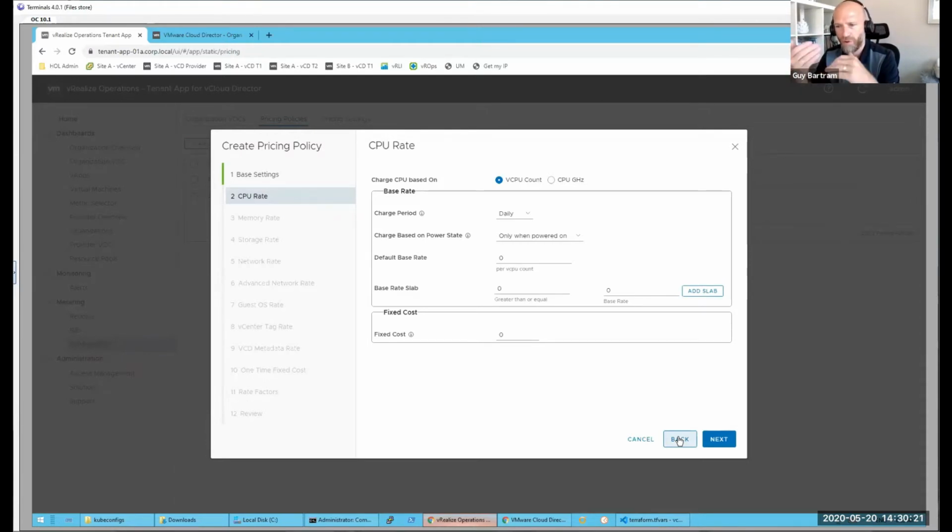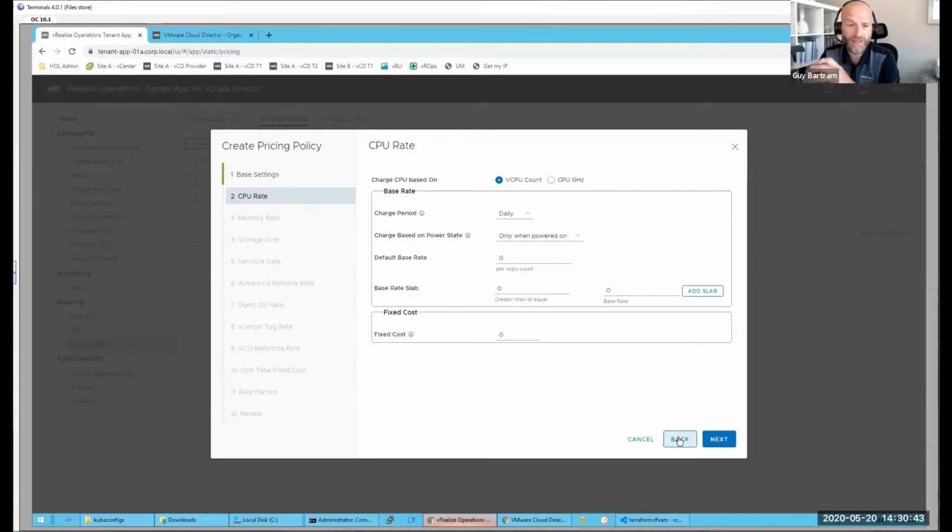Yes, absolutely. In fact, the attached API guide along with Tenant App explains how to go about handling these pricing policies, all the CRUD operations on them. Okay, great.